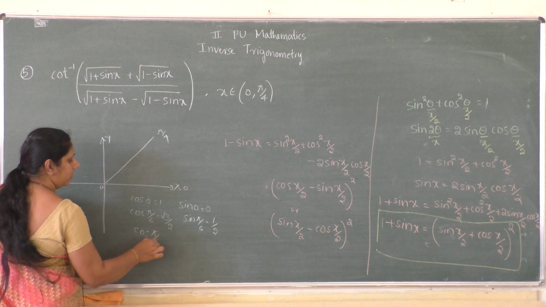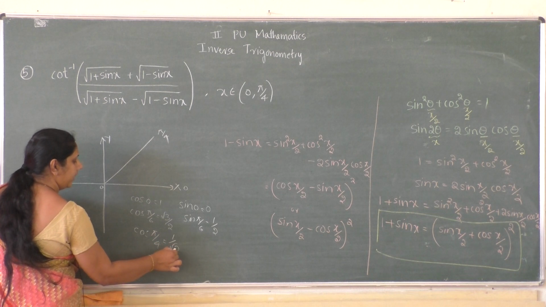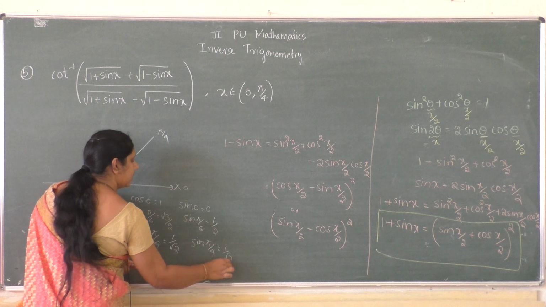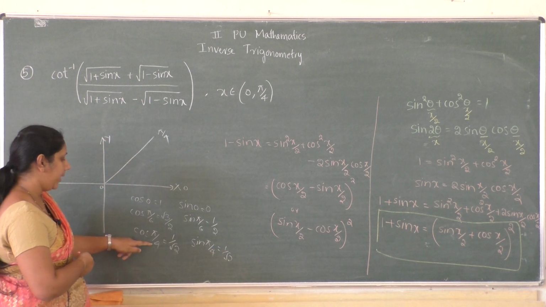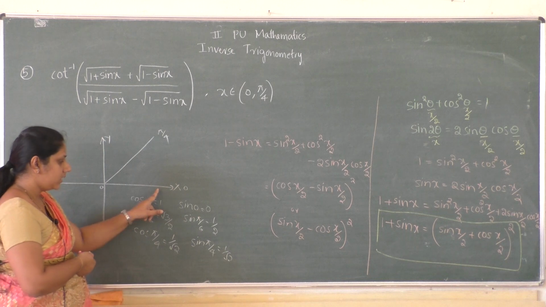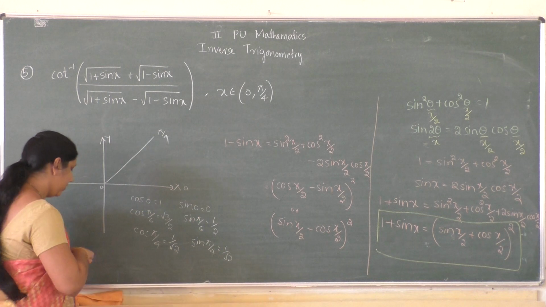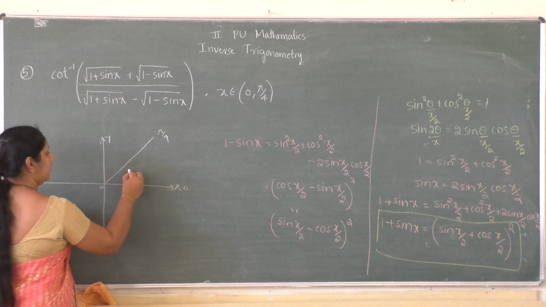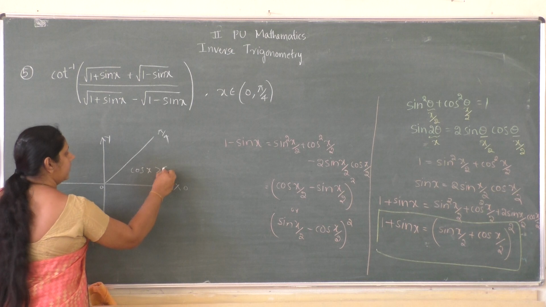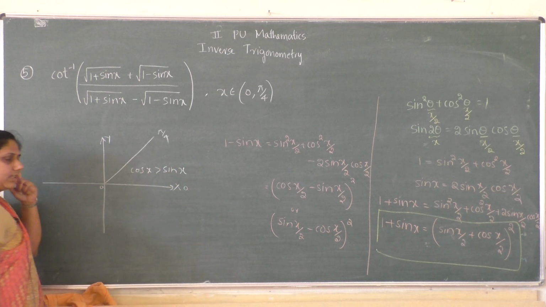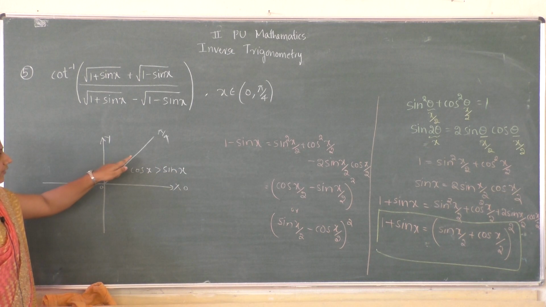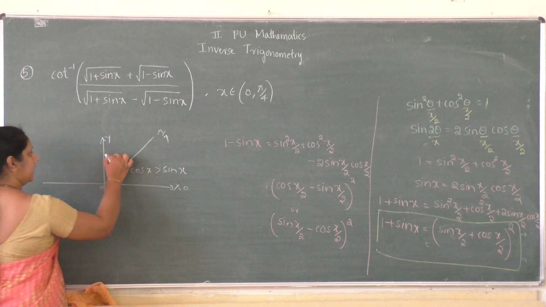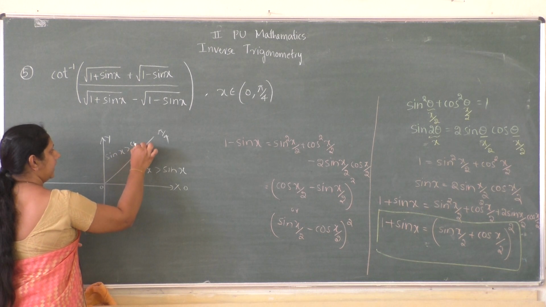Now come to cos pi by 4. It is 1 by root 2, and sin pi by 4 is also 1 by root 2. Correct? So as x moves from 0 to pi by 4, cos value is larger than sin value. But from pi by 4 to pi by 2, sin x value will be greater than cos x.